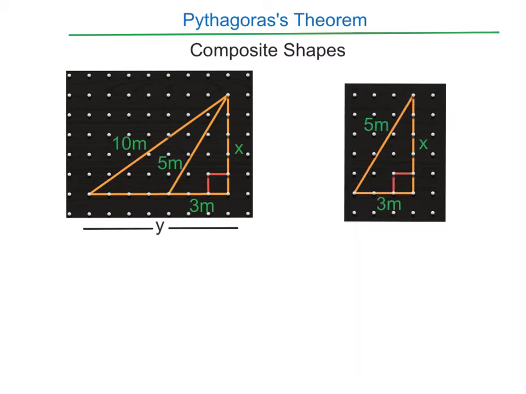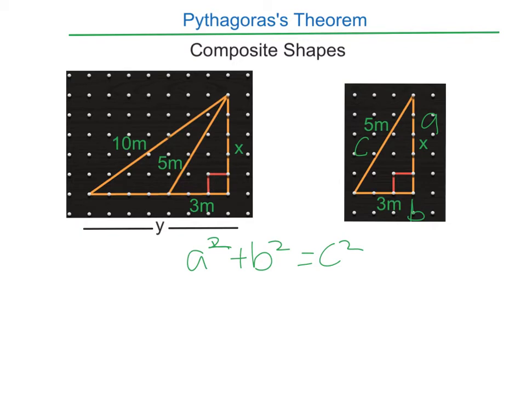So working out the first triangle with the x, so I'm working out this triangle here, the smaller one, with the x, 3 and 5. Doing that, I need to write out Pythagoras' theorem, so a squared plus b squared equals c squared. Now let's label it. This is c because it's the longest side. This can be a and this can be b. Doesn't matter which one's a and which one's b.